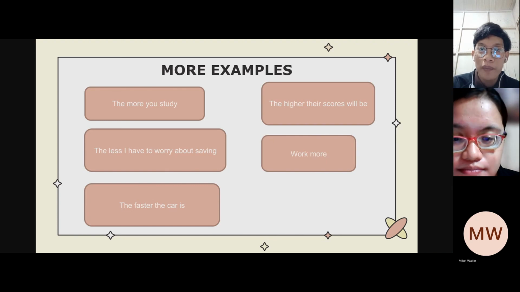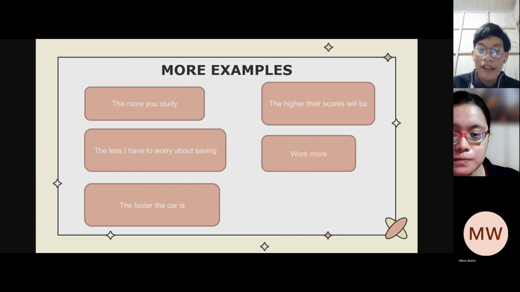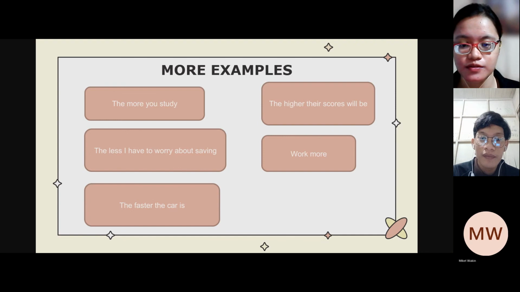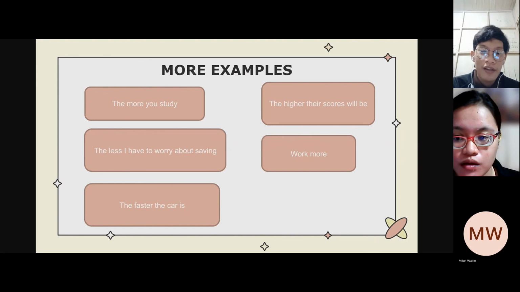You have here: work more. Please complete the sentence by providing your own sentence. Work more, save more. Hello, sir. My answer po is work more, save more. You got a little choppy right there. So again, your answer is work more, save more.